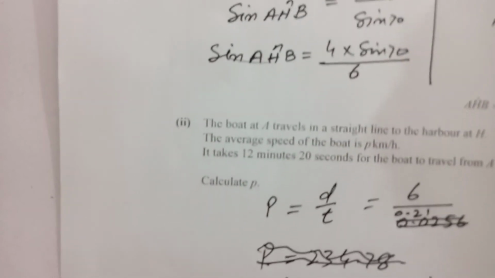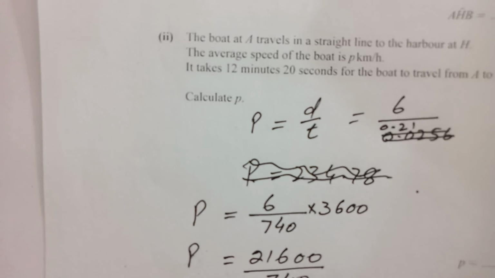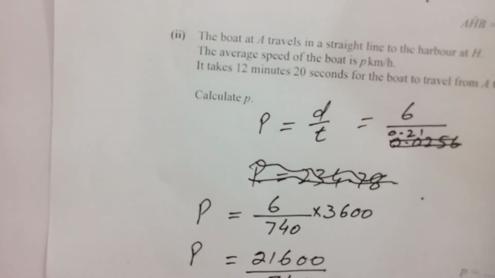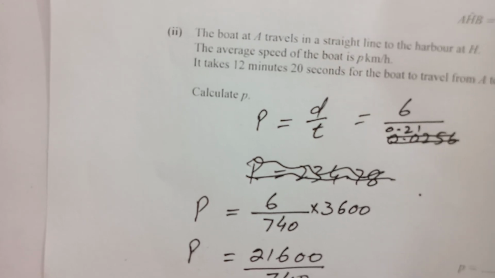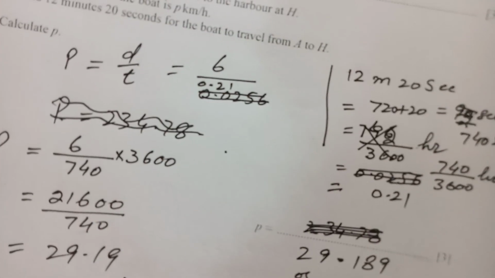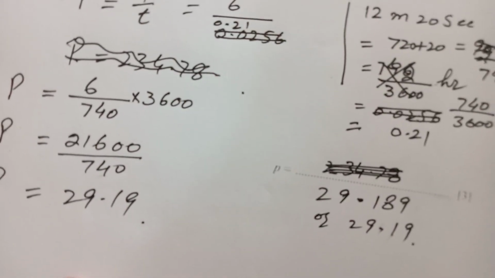In the solution I have converted 12 minutes and 20 seconds into seconds, then multiplied by 3600 to convert into hours. So your answer will be speed in kilometers per hour, which is the requirement in the question. You can see the whole conversion and whole solution, and the final answer is 29.19.